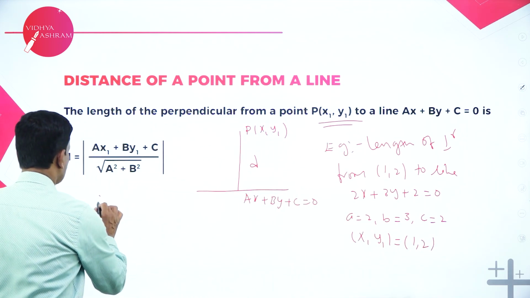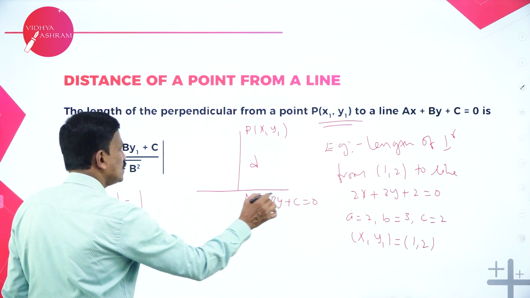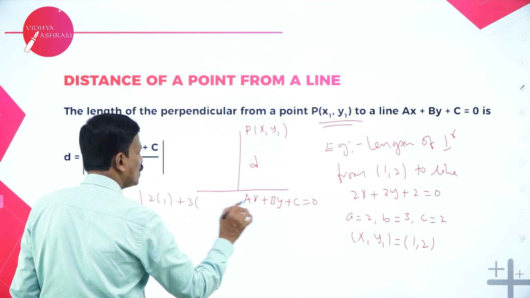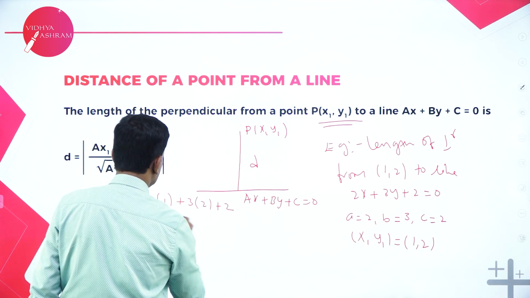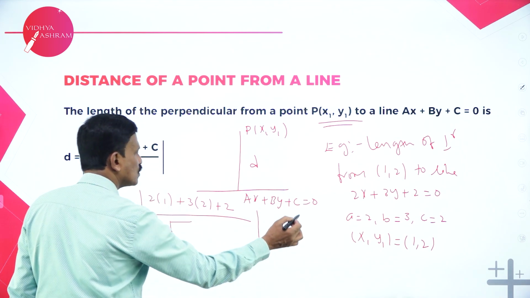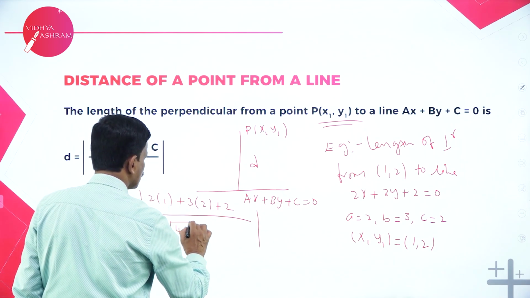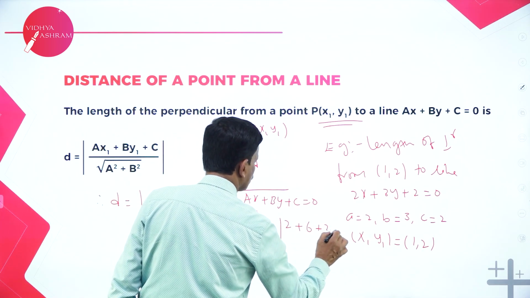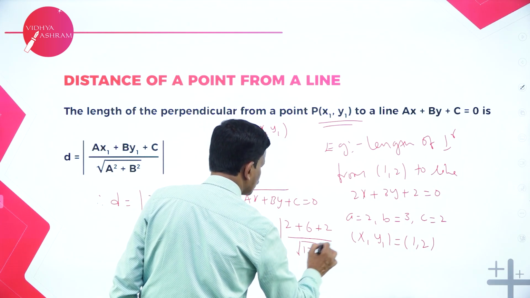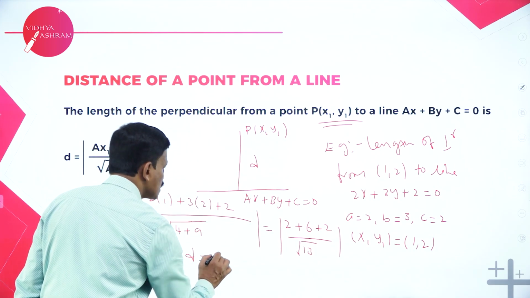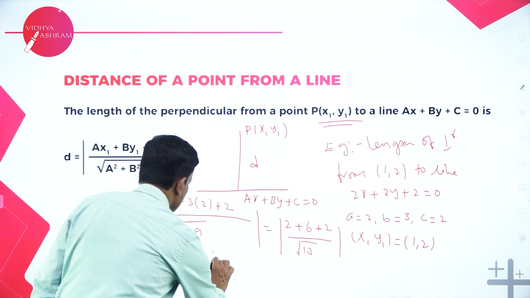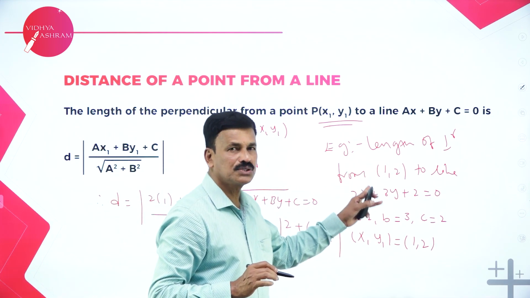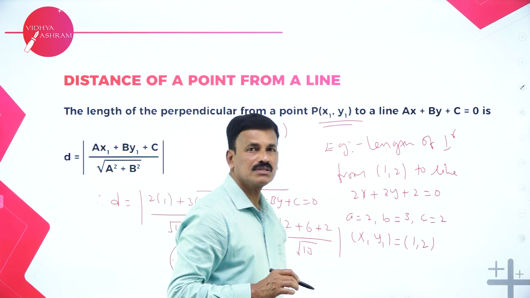Substitute: d is the modulus of 2 into 1 plus 3 into 2 plus 2, divided by the square root of 2 squared, which is 4, plus 3 squared, which is 9. That is 2 plus 6 plus 2 divided by root 13. Therefore d is 10 divided by root 13, the length of the perpendicular from the point (1, 2) to the line 2x + 3y + 2 = 0.